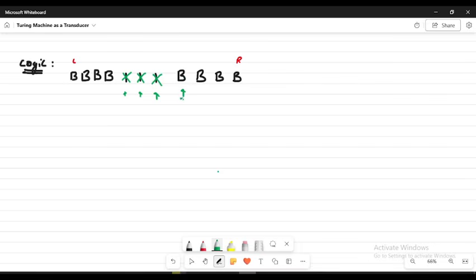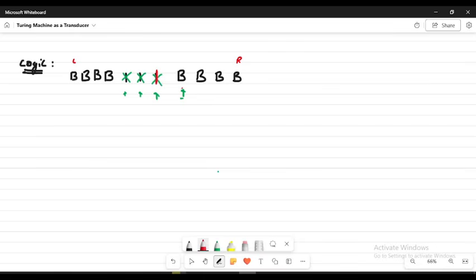I move in the left direction until I find the first x, and whenever I find the first x, I will make it 1 again. Why are we making it x before? So that the Turing machine can remember how many ones I have seen.